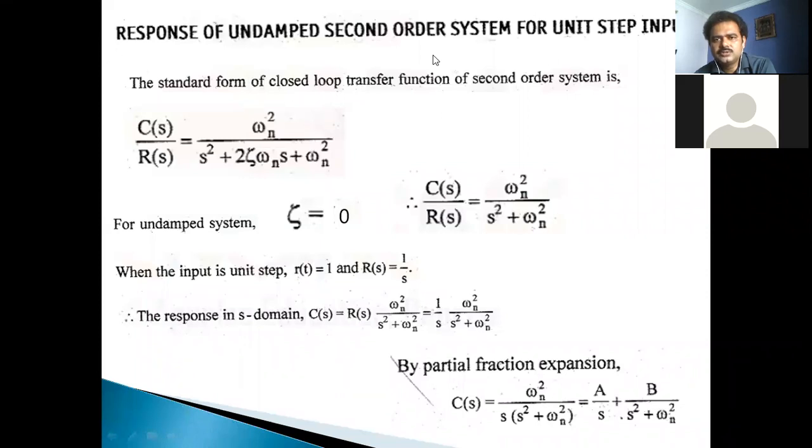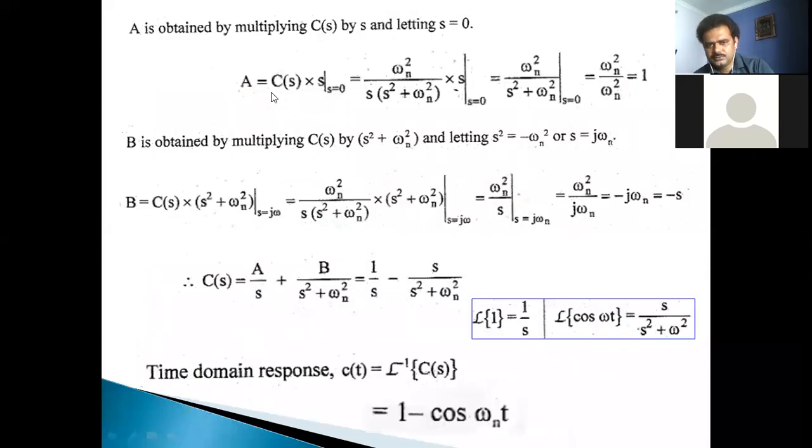Here the system is the same second order system, but in the undamped case, zeta equal to 0. So find out A and B values. You will get 1 by s minus s by s square plus omega n square. Simply note down this part and try to do the partial fractions on your own.